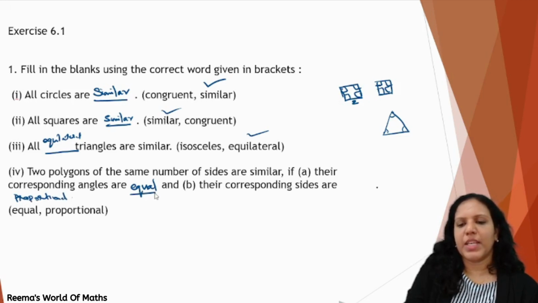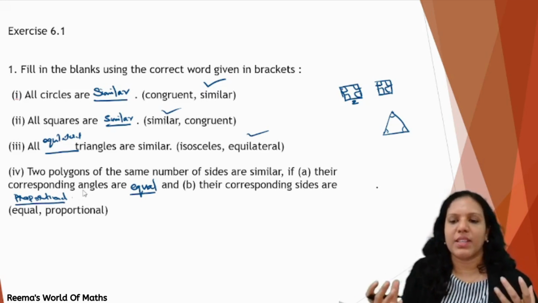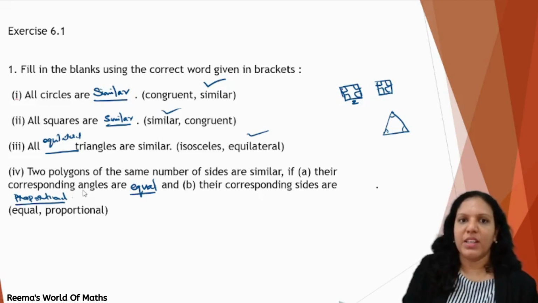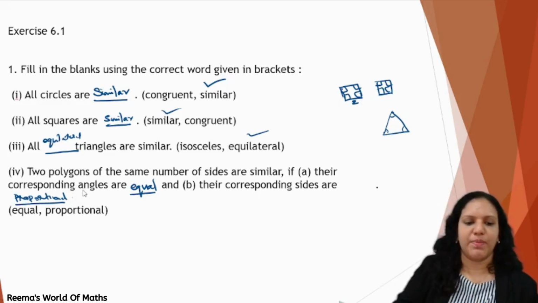So here the first blank will be equal and the second blank will be proportional. So two polygons of the same number of sides are similar when the corresponding angles are equal and the corresponding sides are in proportion.